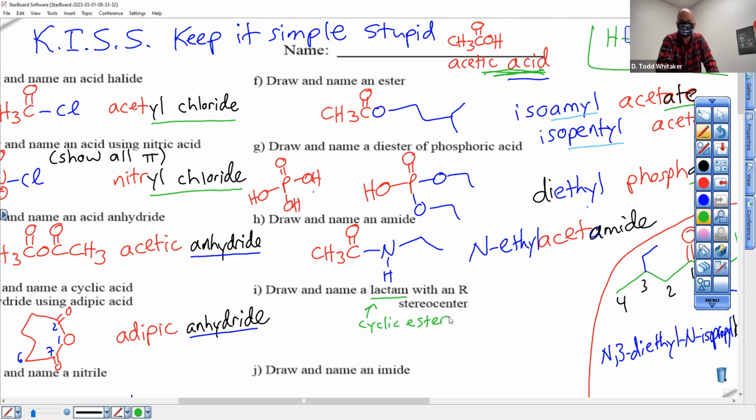I'm pretty sure we talked about these just for a second. So come up with a nice, we want to do a beta lactam? Why not? Sorry about that. Should have made the square first. Okay, that's a beta lactam. We'll talk about why in a second.